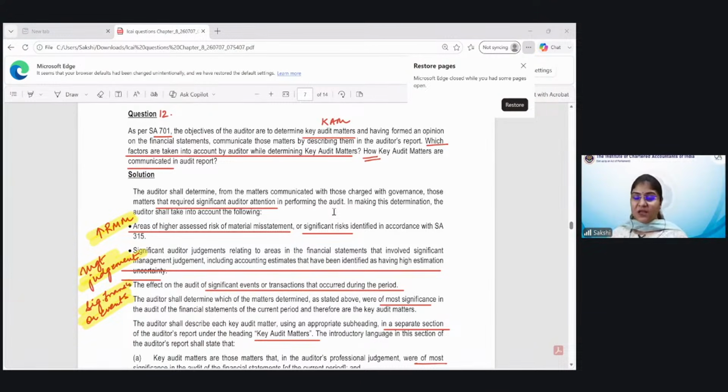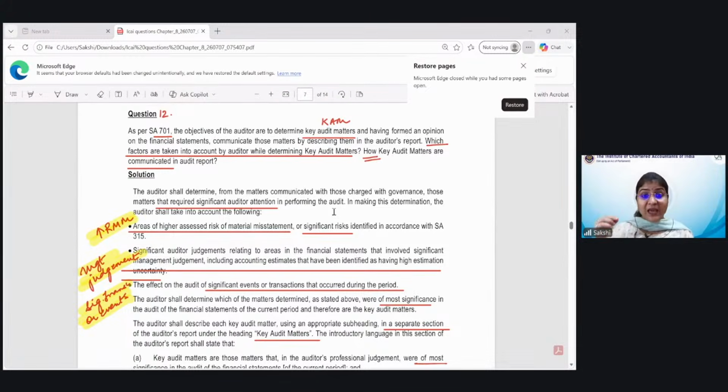Suppose there are 12 different matters communicated to TCWG. Out of those 12, the auditor says, these 6 I can leave, but these 6 are very significant for my audit. How will he determine that these are more significant? These are the considerations he will take into account.